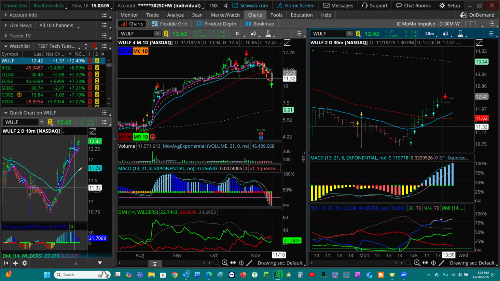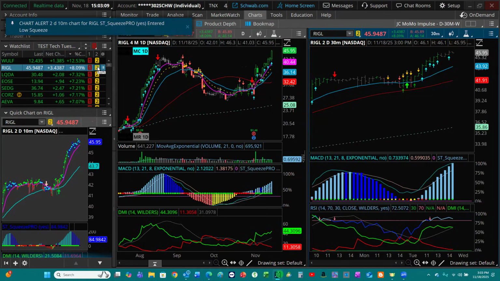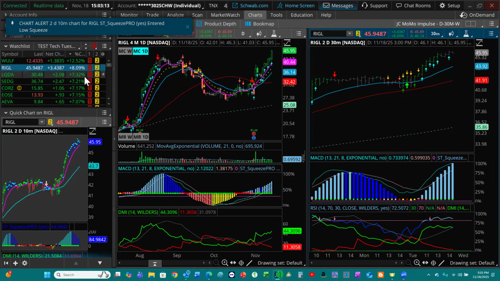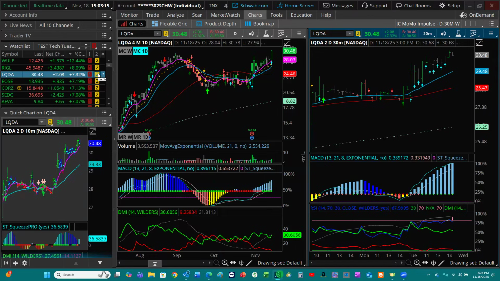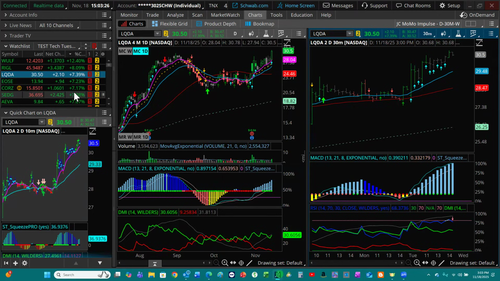And here's the 10-minute chart, still moving up. Wriggle is in here. That one has a nice chart right there. This is LQDA. This actually came up on the short squeeze list today. So this is a short squeeze candidate. It's got extra volume, more than average volume. So that's where that is.